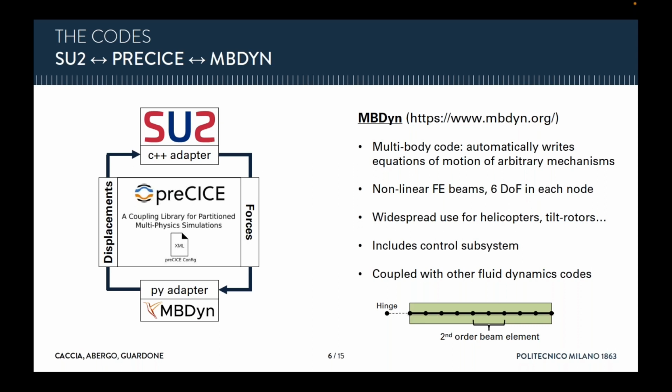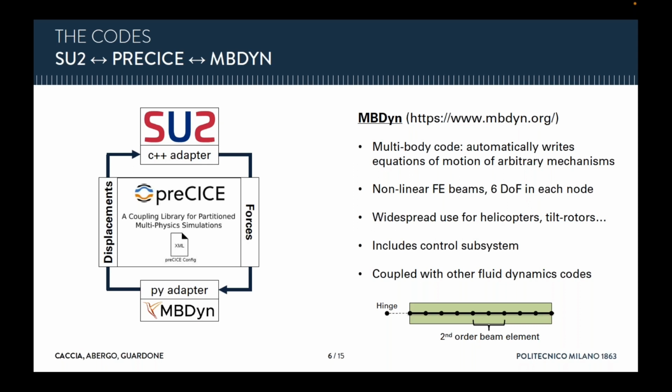For instance, here we have a node with a hinge, and then we have other nodes which together can form a beam element. So nodes can be linked together in a rigid way or in a flexible way. In this case, we are using non-linear second-order finite element-like beams. And each node has 6 degrees of freedom. So we have 3 degrees of freedom for the displacement and 3 for the rotations.